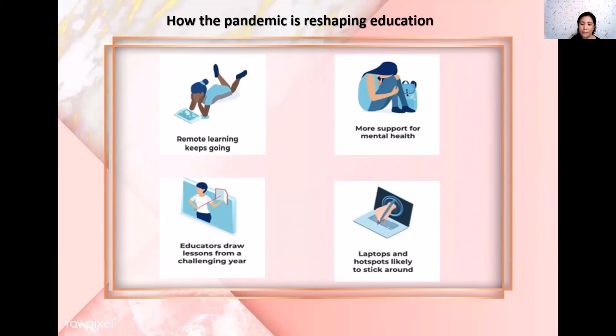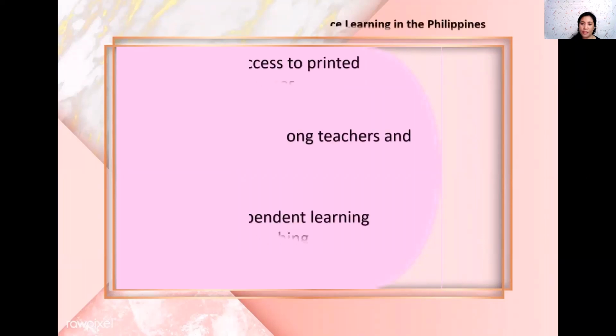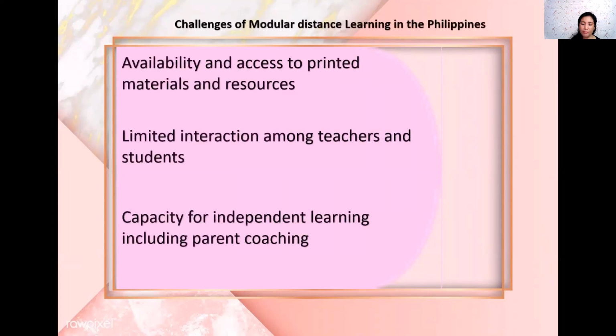First, we have availability and access to printed materials and resources. So sometimes, kulang yung printed materials na dumadating or kulang ang mga pages sa division. Okay? Pero, maswerte pa rin nga tayo, sabi ko nga, dahil dito sa atin, no, hindi na natin kailangang mag-travel. Hindi na natin kailangan dalhin sa mga bata, no?